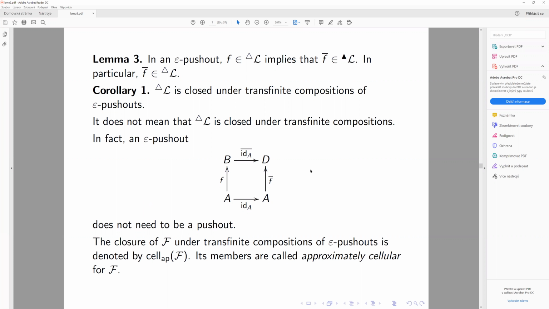Then the class of objects approximately injective to F is weakly reflective, and these weak reflections are approximately cellular. So this is just that you run this small object argument by taking epsilon pushouts and transfinite compositions. It stops thanks to this assumption of approximate smallness, and what you get is a weak reflection, which is approximately cellular by its construction.